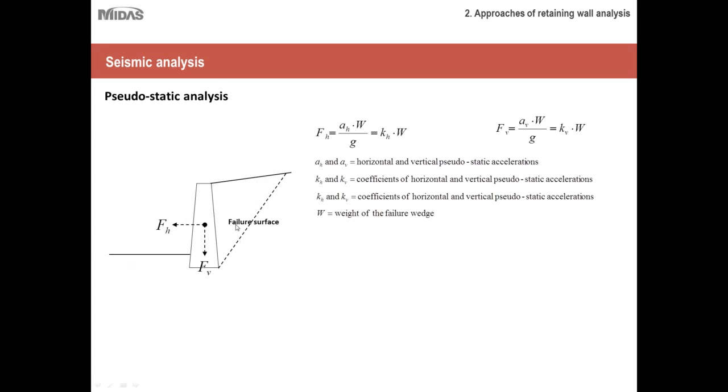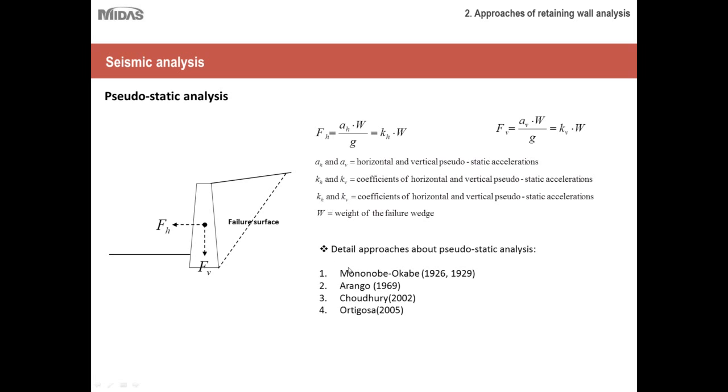So what is the mass of this wedge, and that would cause instability in the lateral direction and in the vertical direction. So we compute this FH and FV from this method. Now there are different theories that have been refined over the period of time, and every time a new theory comes up, it has something or other to modify with different coefficients, but the basic skeleton remains the same.